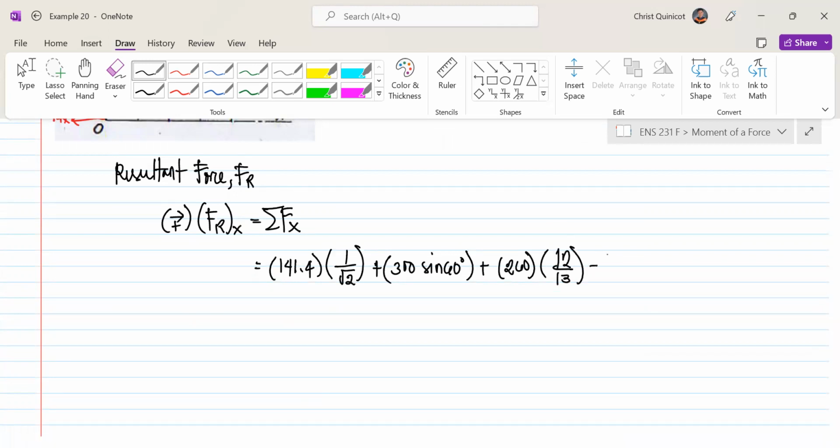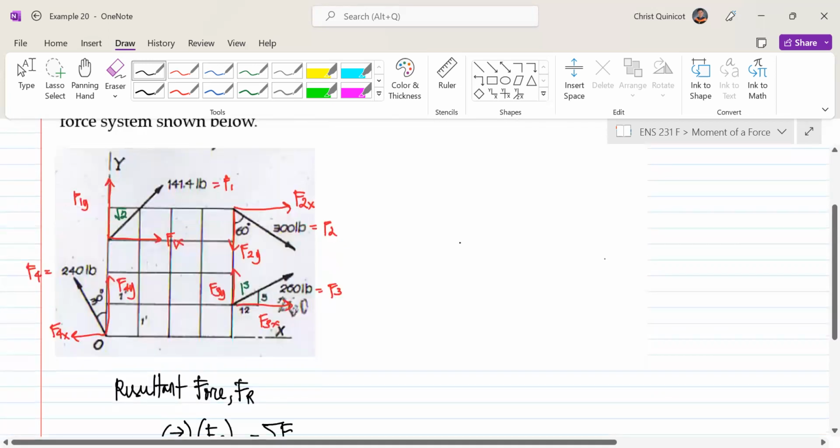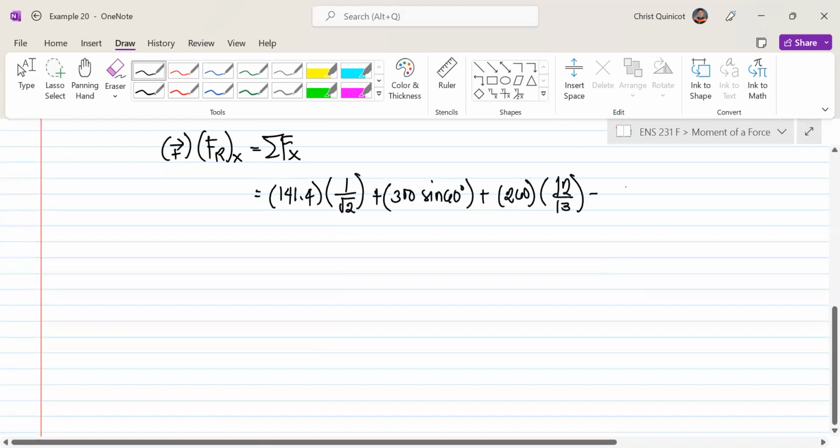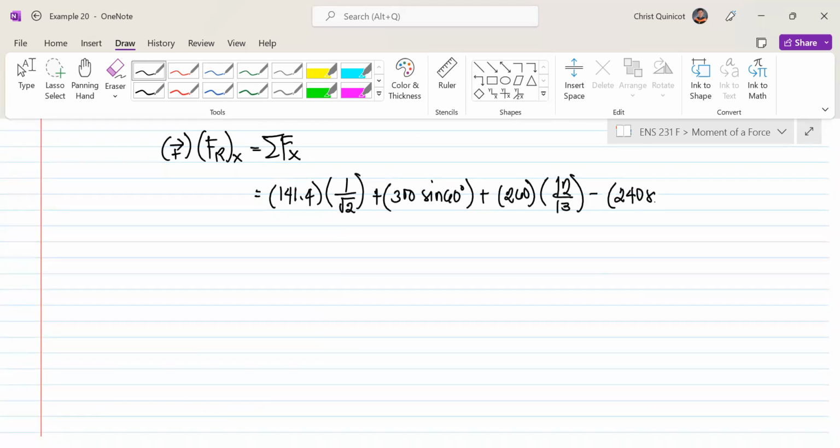And the lone wolf, F sub 4x, which is 240 sine 30 degrees.